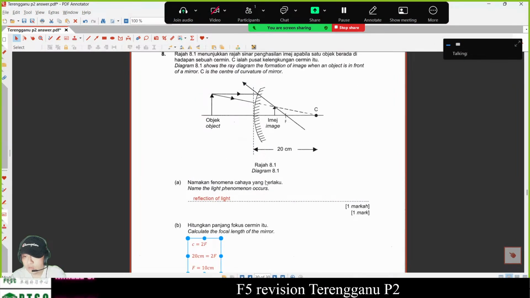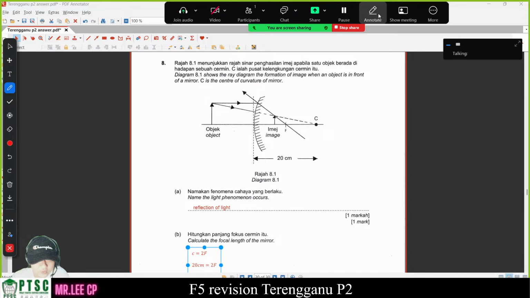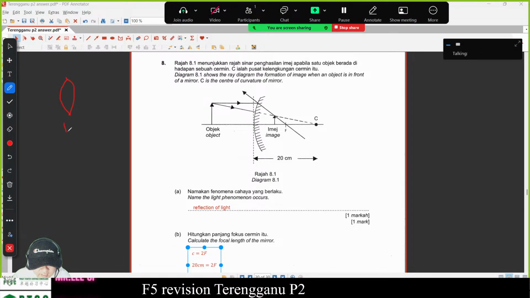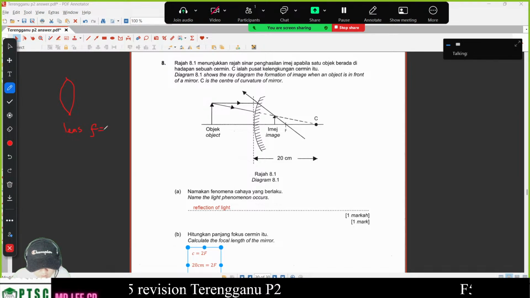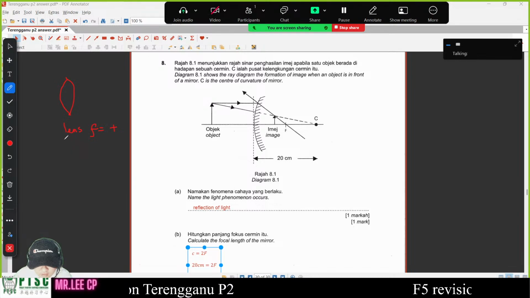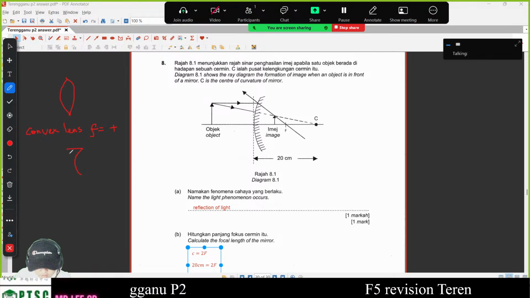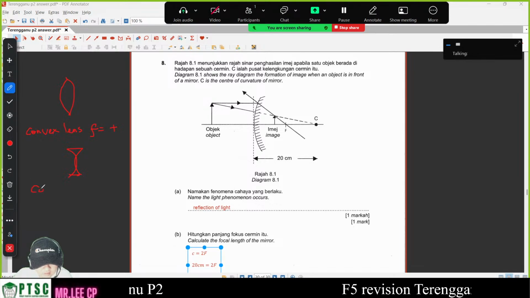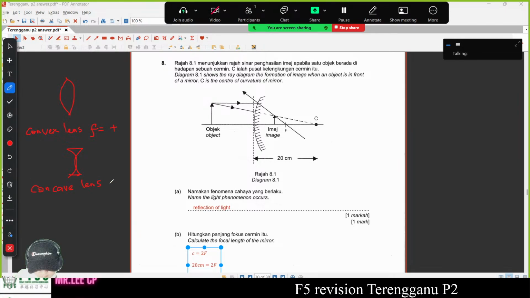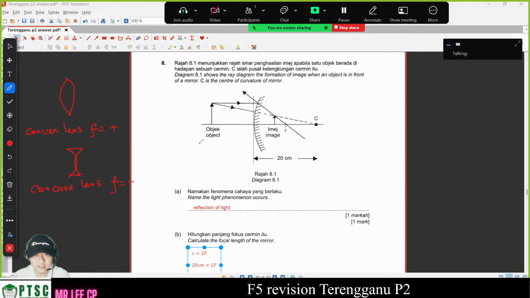Now I want you to memorize this. For a lens, the focal length of a convex lens is positive. For a concave lens, the focal length is negative. How about a mirror?